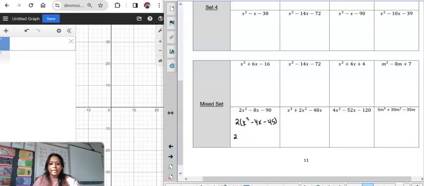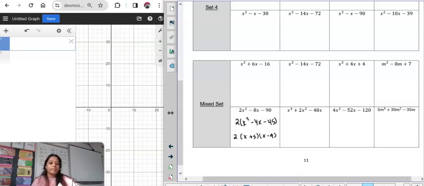So now I can go ahead and factor this. So this would be positive 5 and then negative 9, right? Because positive 5 times negative 9 gives me my negative 45, and then 5 minus 9 is negative 4, okay?